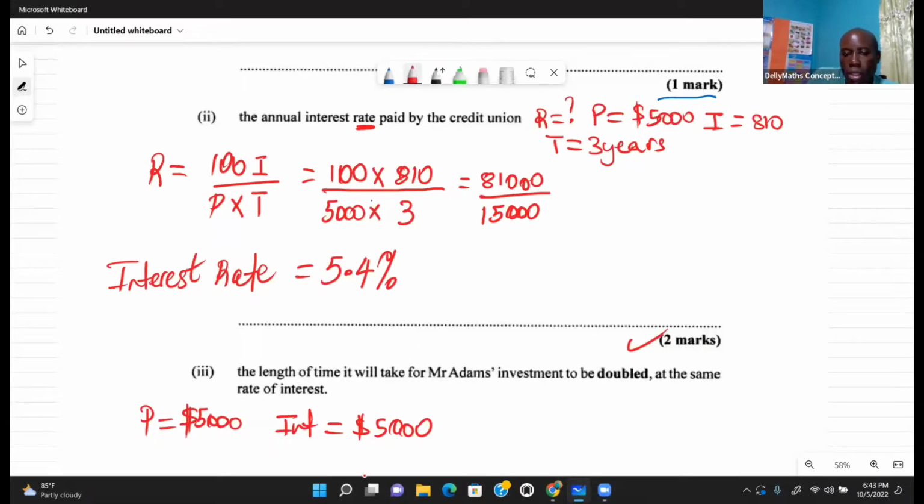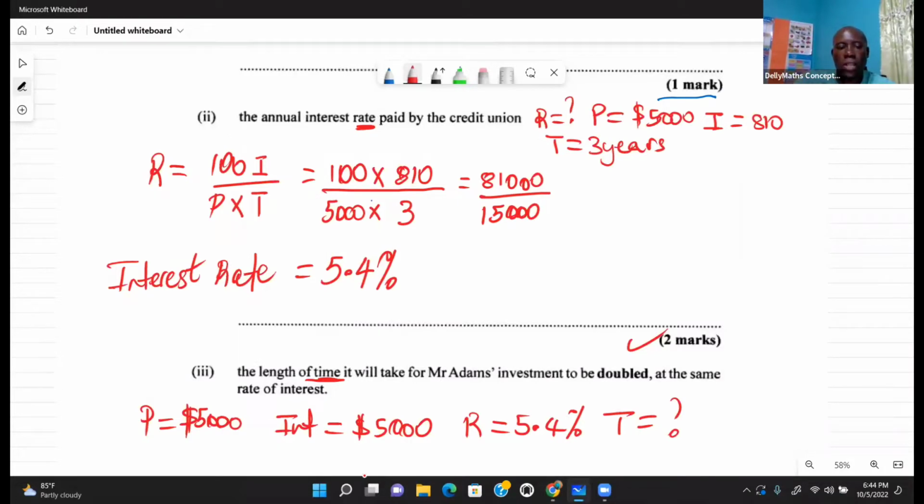Now, the rate is what we are aware of. It is 5.4%. The time, we don't know because that's what they're asking us to find. It did say the length of time. That means we want to know how long it will take for the $5,000 to gain $5,000 as interest so that it becomes 10,000. That is all they're asking.